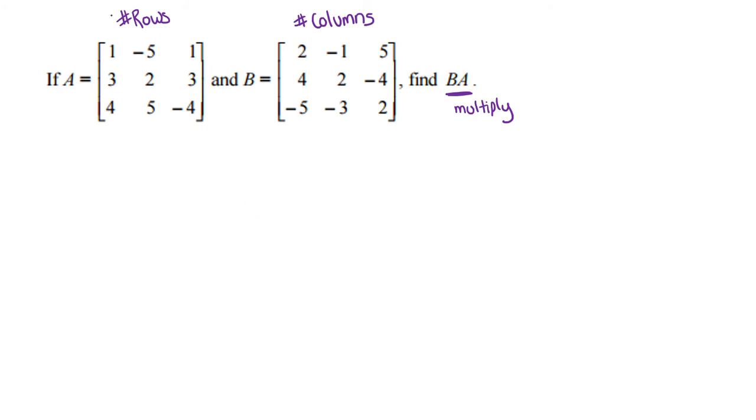The number of rows here is 3. The number of columns here is 3. So we're good. Now, be very careful. With this question, B comes first. So when we do this question, you actually have to reorder this to look like this.